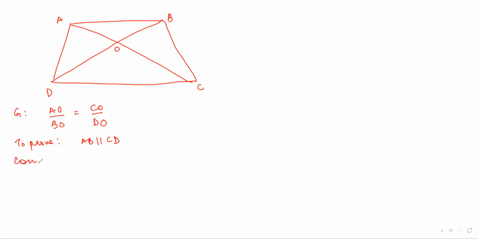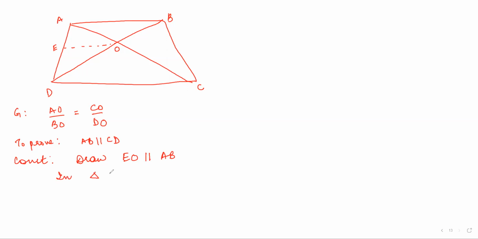So we will do one construction here. We draw a line EO parallel to AB. Clear? Or CD also you can draw, no problem. Now you see this triangle.